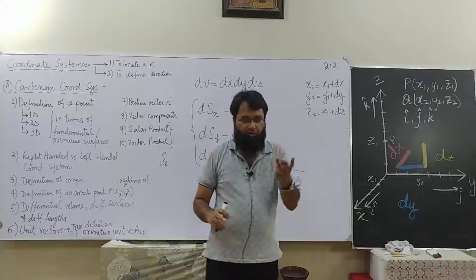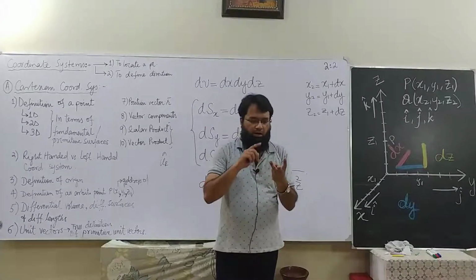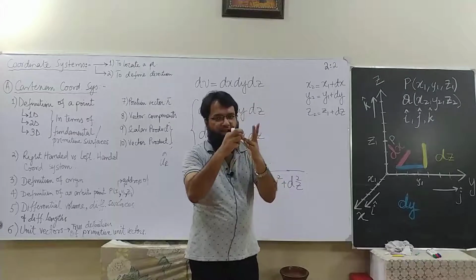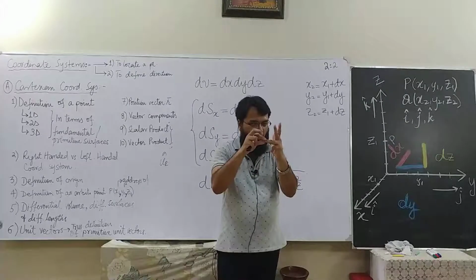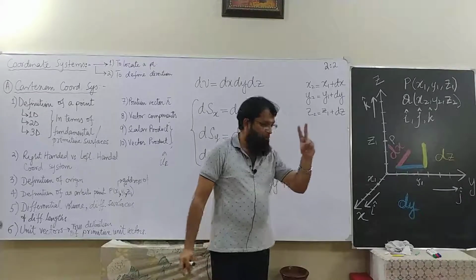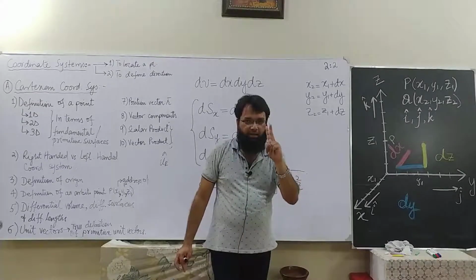Unit vectors have got 3 main properties. Number 1 is a trivial one, so we are not going to talk about that. That trivial property is that its magnitude is unity. Okay, granted. But what about 2 other things?